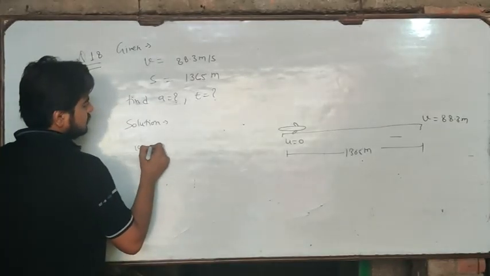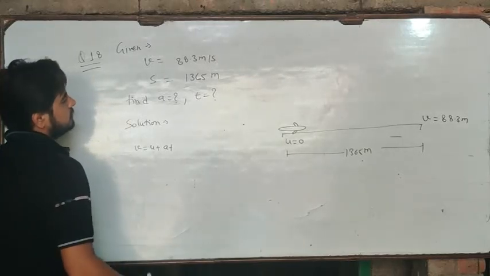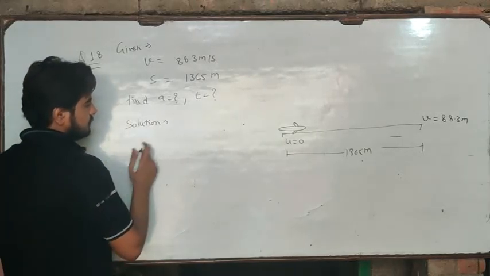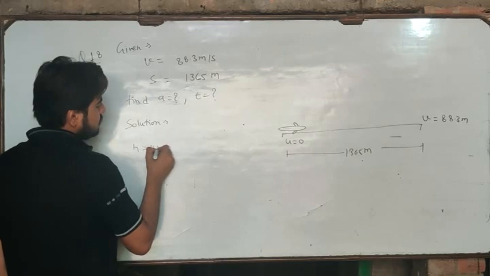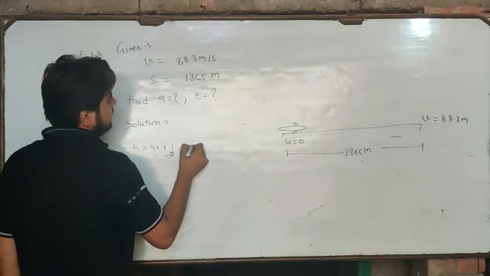V is equal to u plus at. h is equal to ut plus half at square.